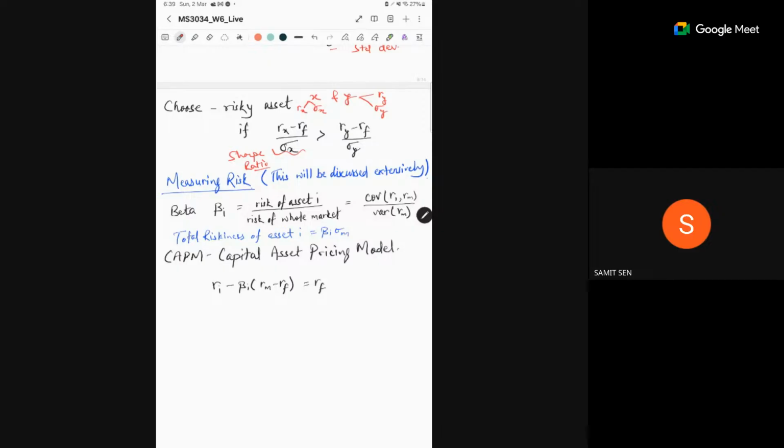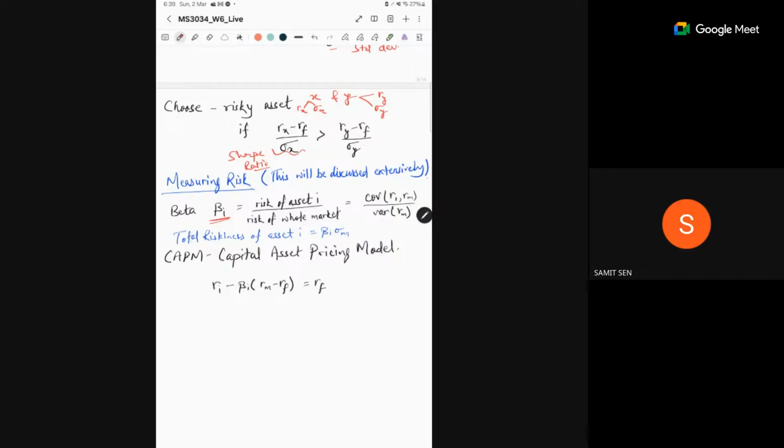And what is a beta? Beta is nothing but the ratio of the risk that is coming from the asset and the risk of the whole market. So beta is the risk of the whole market and how much of that is coming from asset I. That is beta, and we take this as a form of risk.